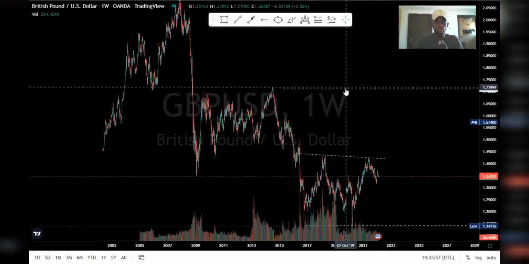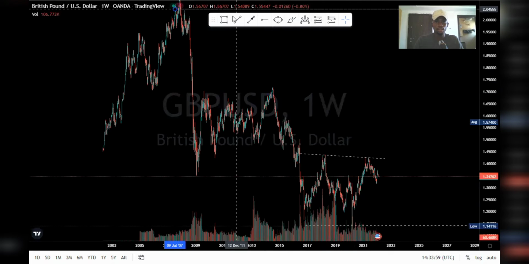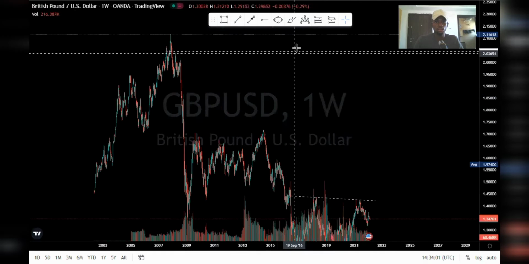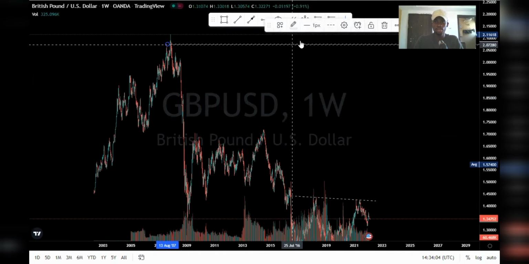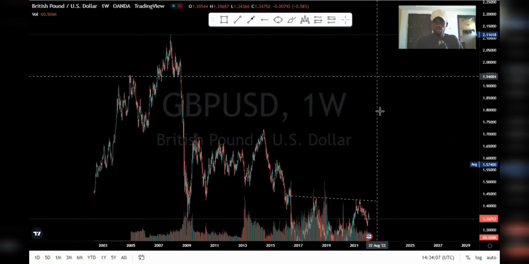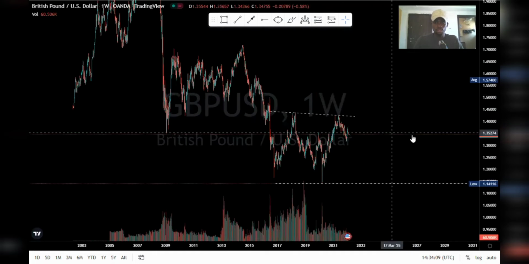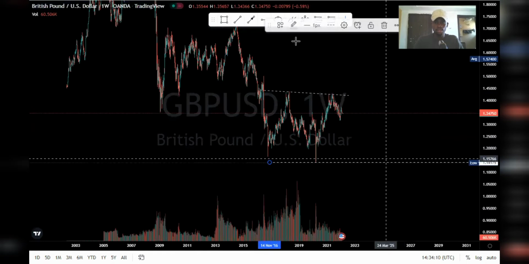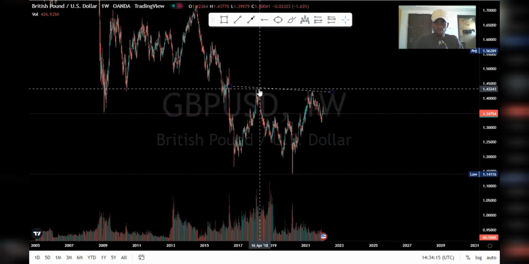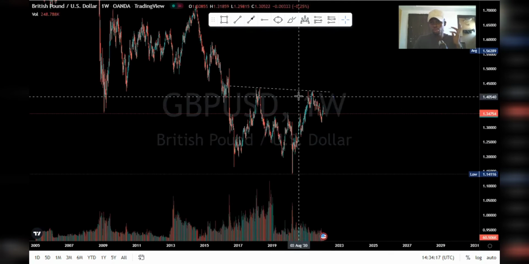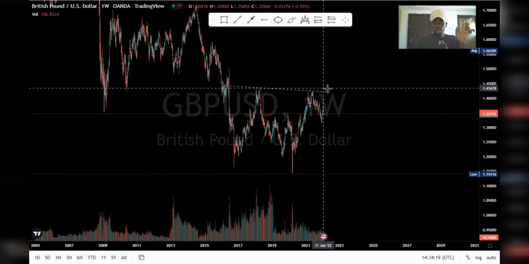This is my highest point somewhere here, which is our supply zone. But I don't think I'll be needing this one right here because it's way too far. So for now, let's just stick to this structure. I have a structure here, with a minimum of 2 touches, the first one and the second one.